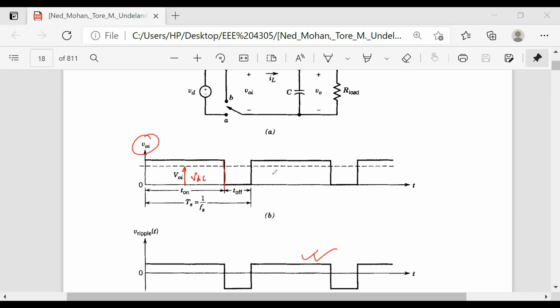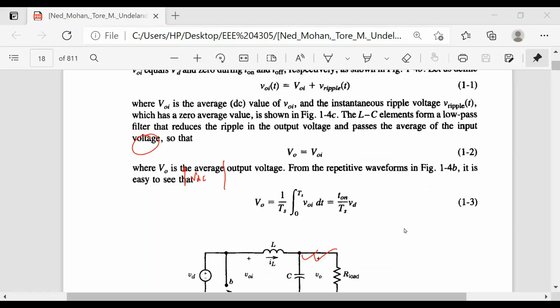Now, if we want to integrate this one and then divide it by the time period t, then you will get the average value. I don't know whether your sir is doing it or not.